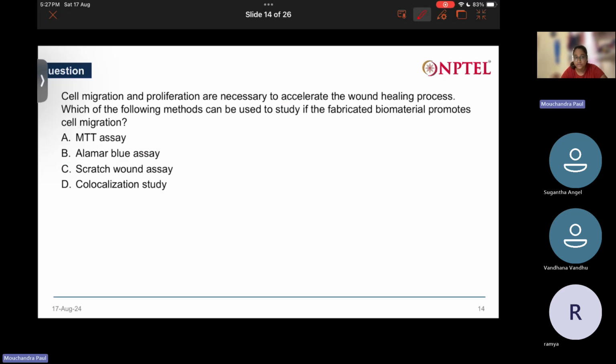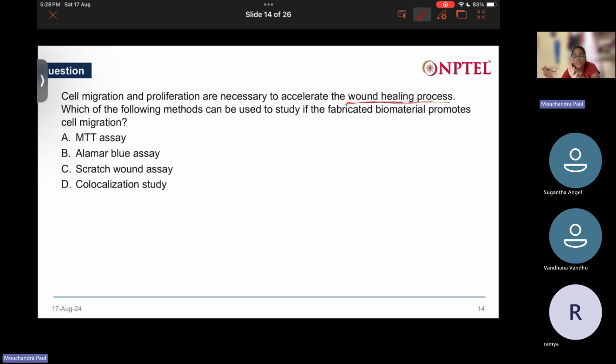Then this is the next question. Cell migration and proliferation are necessary to accelerate the wound healing process. All right. Wound healing is a process that takes place in our body only at the instant when your body is injured. Suppose you get a cut somewhere in your skin. Skin is a barrier organ, and it has been compromised, it has opened up.